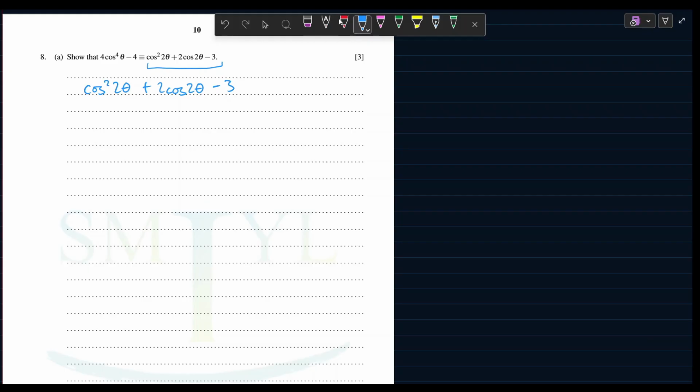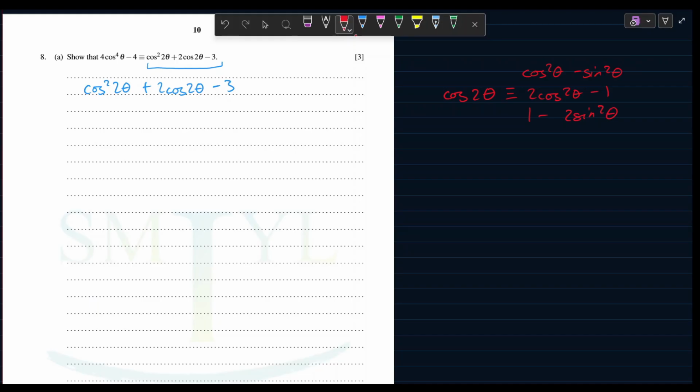Okay. So the first identity that comes to mind is cos 2 theta is identical to, oh, there's 3 of them really. So there's going to be cos squared theta minus sine squared theta, there's 2 cos squared theta minus 1, and 1 minus 2 sine squared theta.